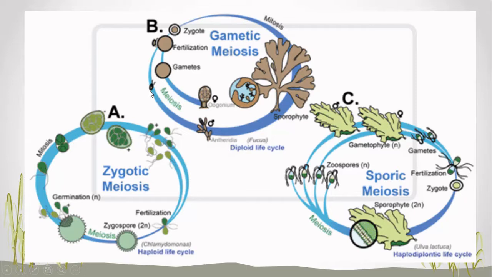Once the sperm fertilizes the egg, it forms a zygote. Before releasing the gametes, they were developed through meiotic division, so from diploid it becomes haploid. Then the zygote becomes diploid, then mitotic division.